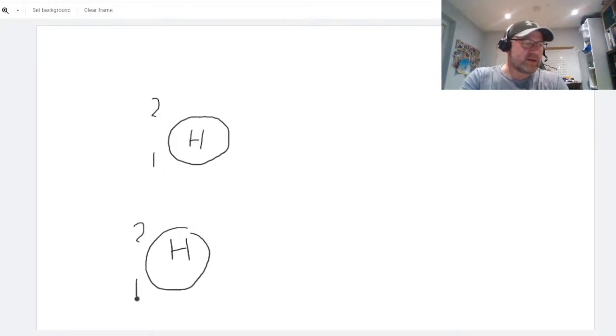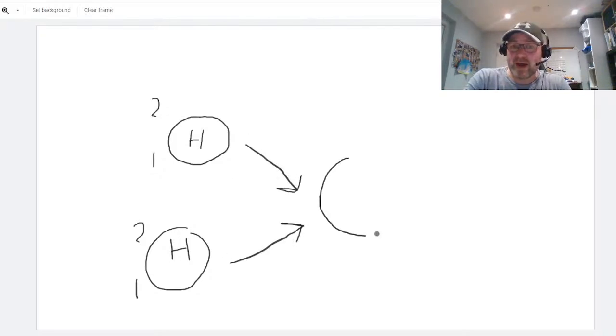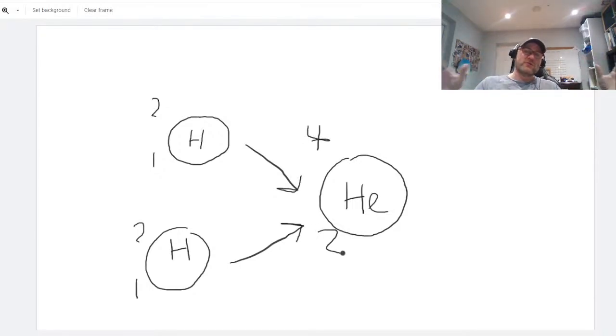Nah, you don't, so that's all right. So what would happen if these two atoms combine on AQA? It will form helium with the numbers 4 and 2. This happens in the sun, and this is nuclear fusion. So what we just say is two smaller nuclei combine, fuse, to make a larger nucleus.